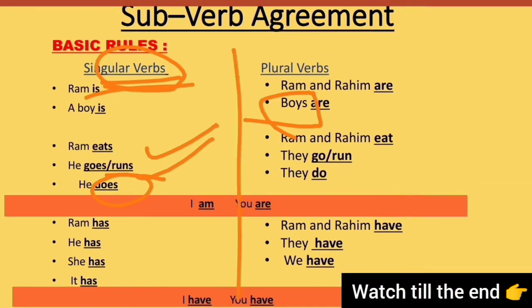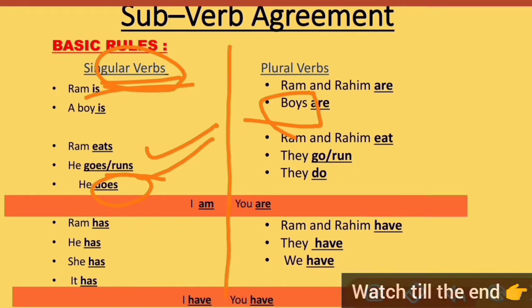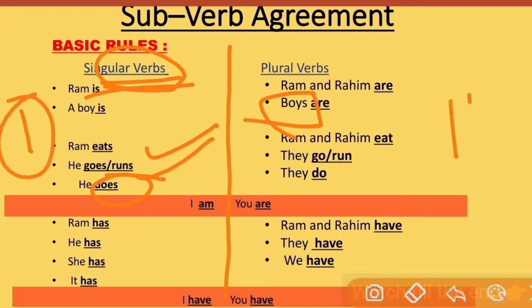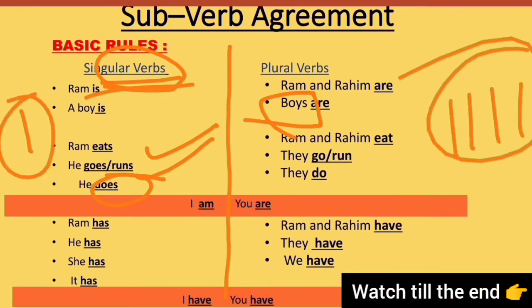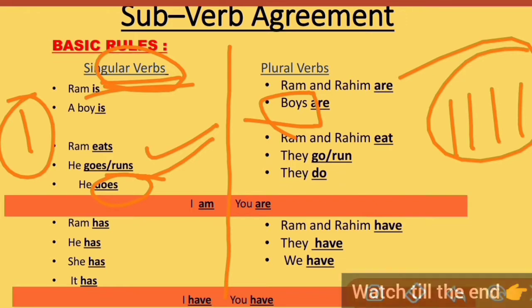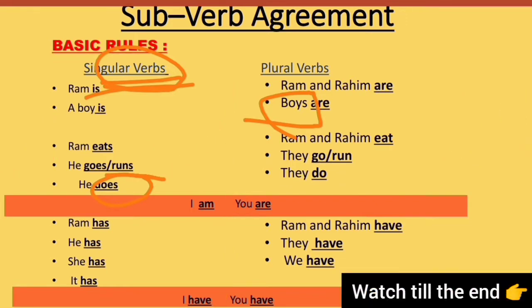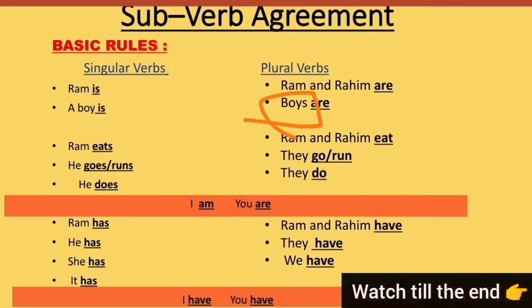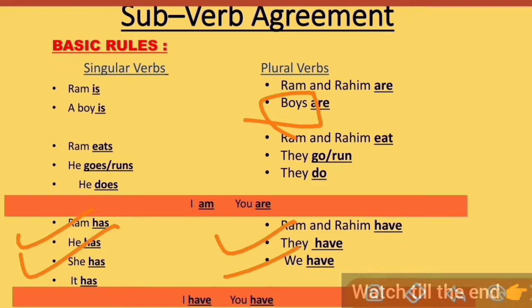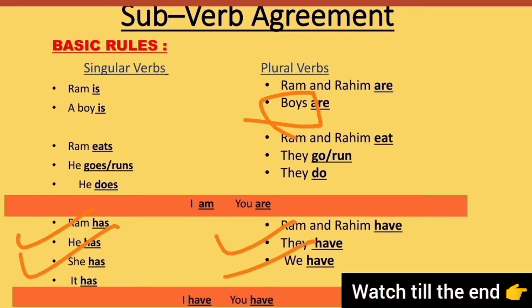So the left side are used only for one person and right side are used only for many person. For single person we use has, and for plural person or things we use have.